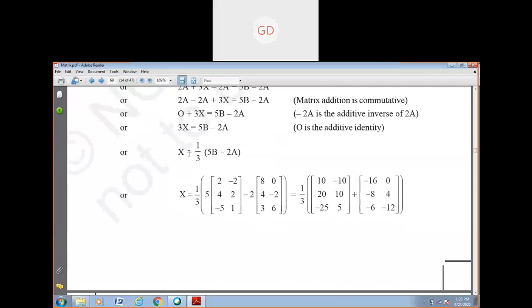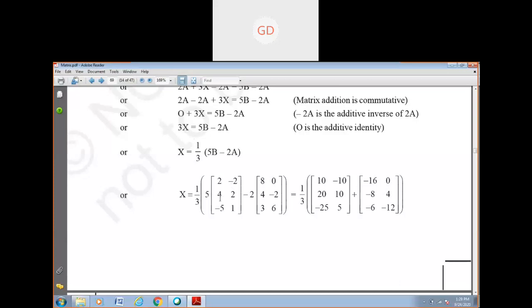Now X is alone on the left hand side, so we can put the elements of matrices A and B as given in the statement, and place them here on the right hand side. If we place them here, then B is this one and A is this one. Now it is normal simplification.